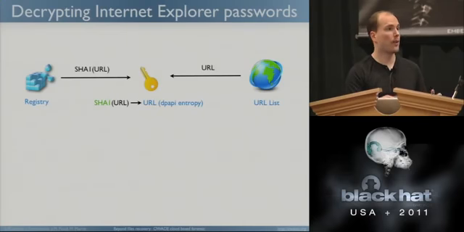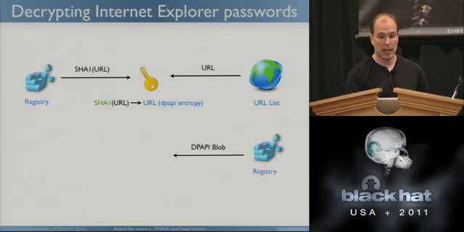It doesn't contain the URL by itself. It contains the SHA-1 of the URL, and this is where the DPAPI blob, which contains the login and password, is stored. So we don't know which URL the DPAPI blob is linked to. What you have to do is know the URL and use it to compute the SHA-1 of the URL. And this is the extra entropy used by IE to encrypt your login and password.